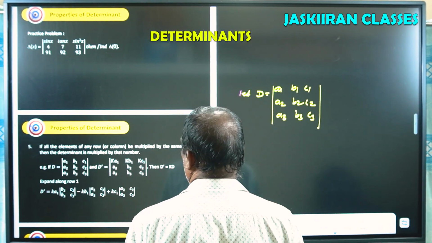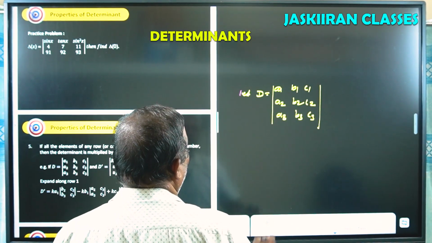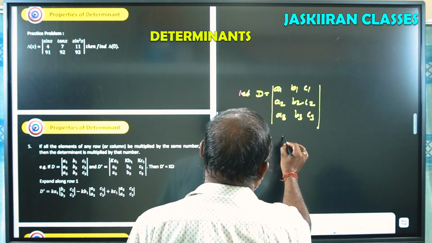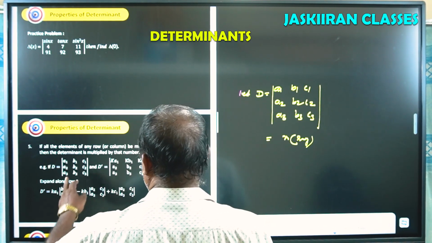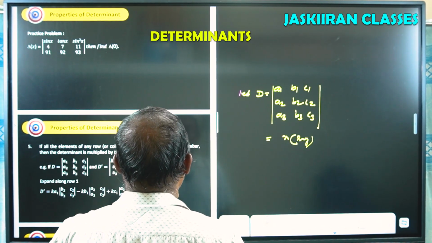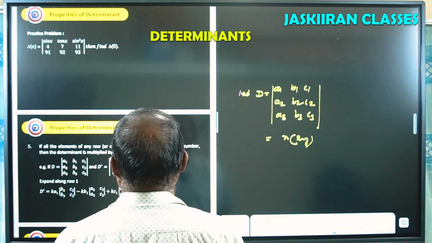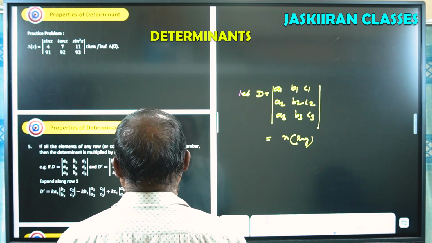That is the original determinant. Let its value be x. If all the elements of any row or column are multiplied by the same number, then the determinant is multiplied by that number.